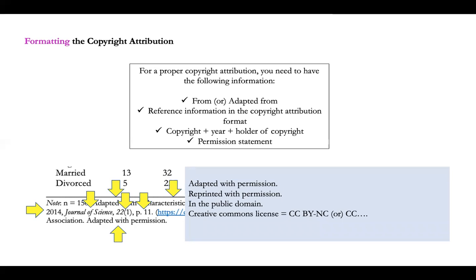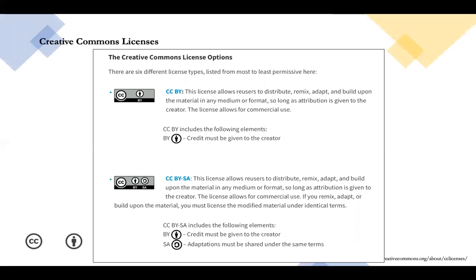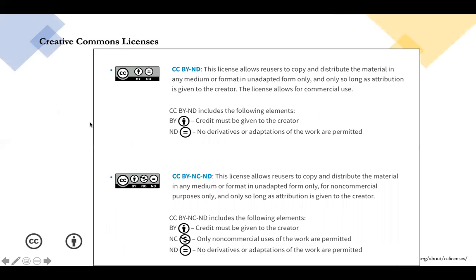So you can either write adapted with permission, reprinted with permission, in the public domain, or insert the Creative Commons license. With Creative Commons, there are 6 different types of licenses, and it's generally represented by the circle and CC in the middle. You can type in types of Creative Commons licenses, and it should take you here, and you can look through what the license means and if you can use it.